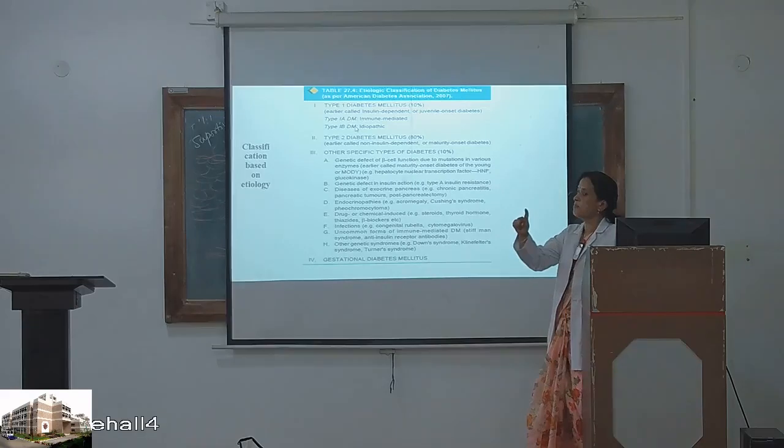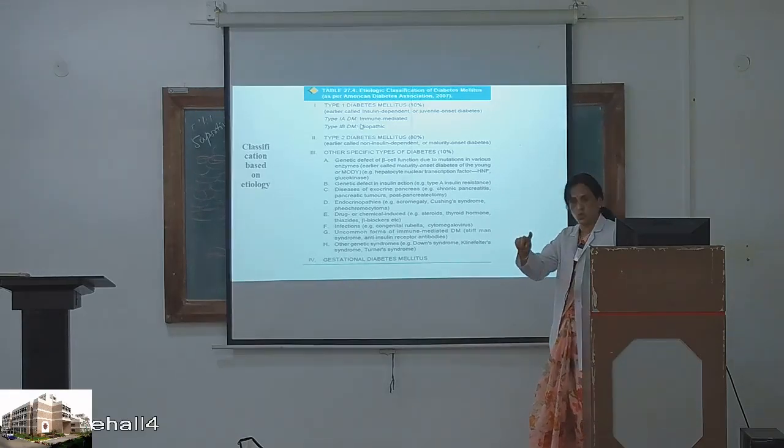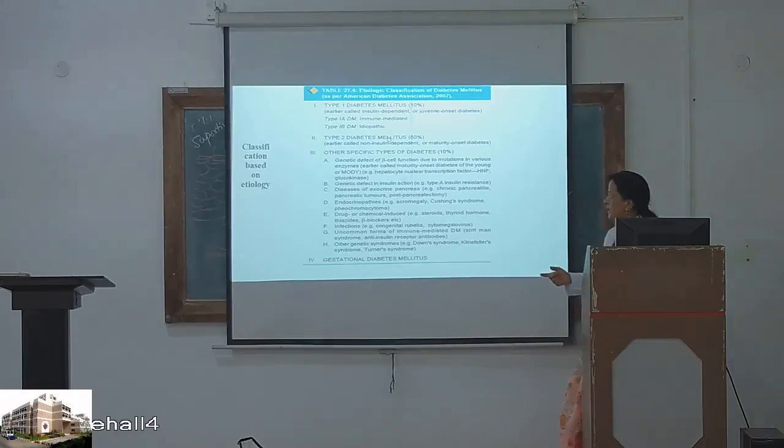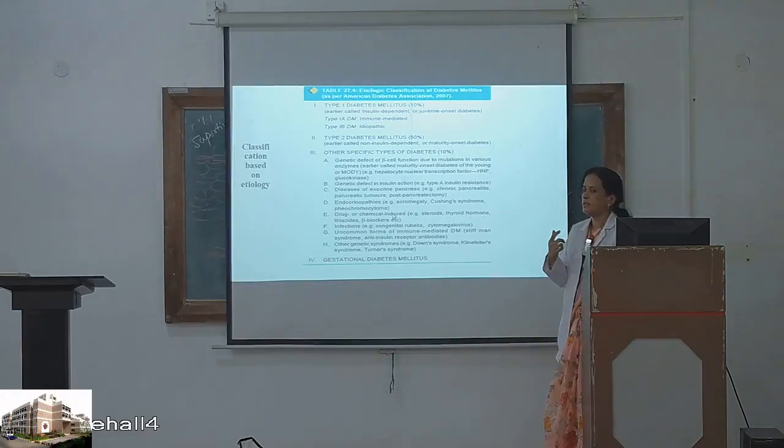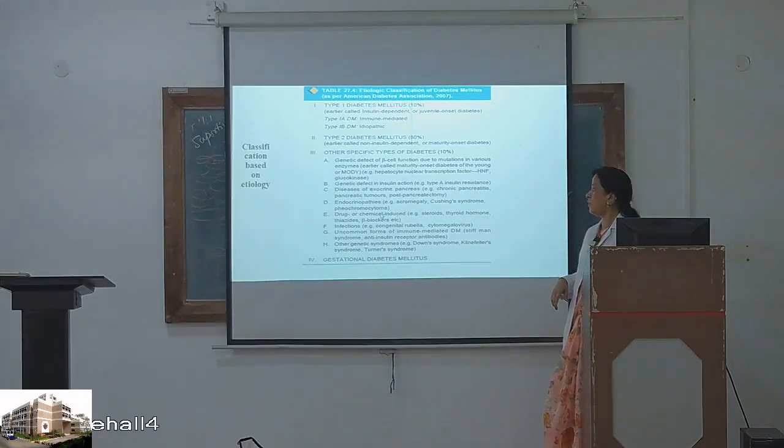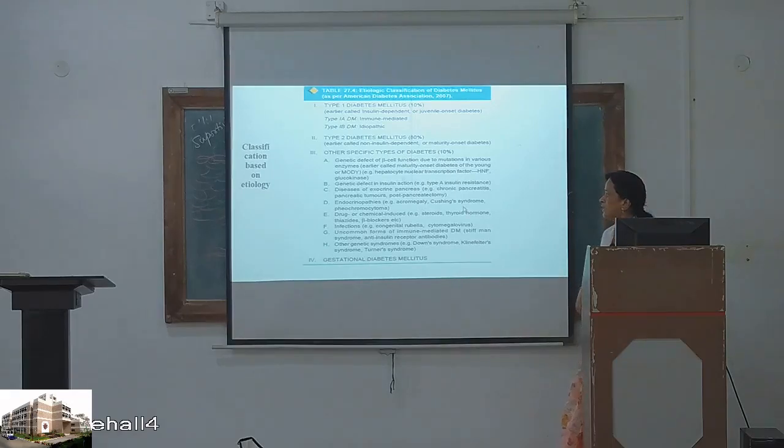It was what previously was called juvenile, which used to occur in children and who were insulin dependent or idiopathic. So type 2 was, in the earlier classification, non-insulin dependent or maturity onset. So other specific types, okay. We have taught you all this, the causes for hyperglycemia or glycosuria: endocrinopathies and acromegaly, Cushing syndrome, pheochromocytoma, all these are secondary.